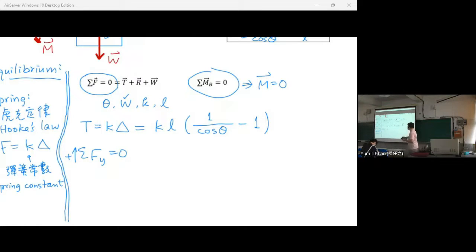We take summation Fy equal to 0, and we have T sine theta minus W equal to 0.